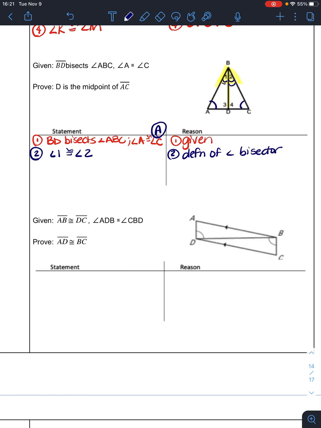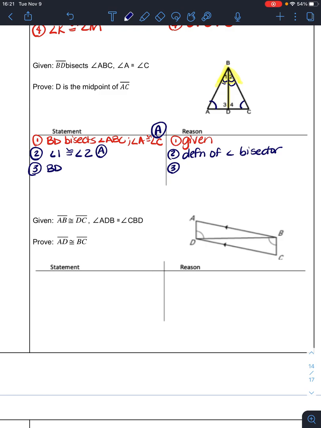Okay, so now I have two angles that are marked. I need a third piece. A third angle doesn't do me any good, so the third angle theorem isn't helpful. I need a side. You have to have a side.